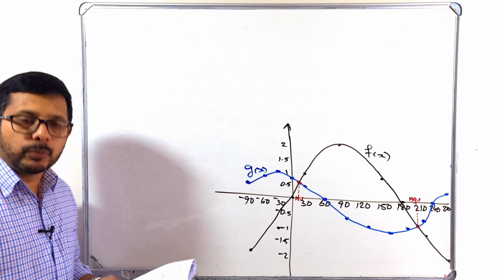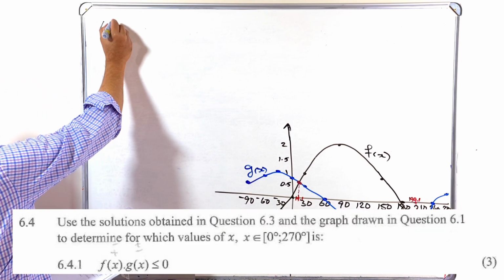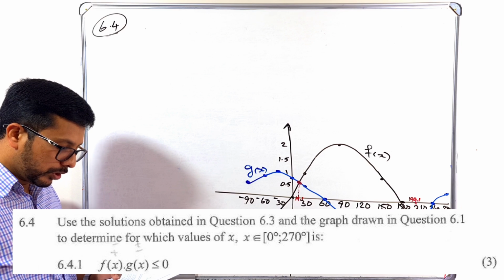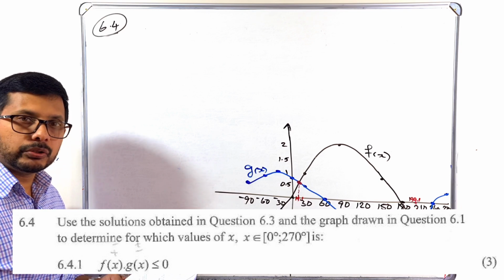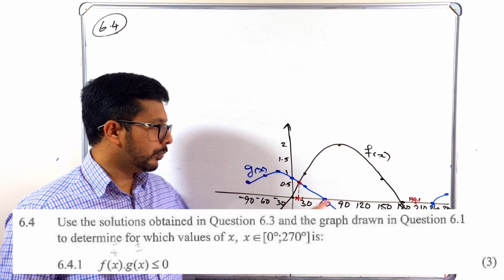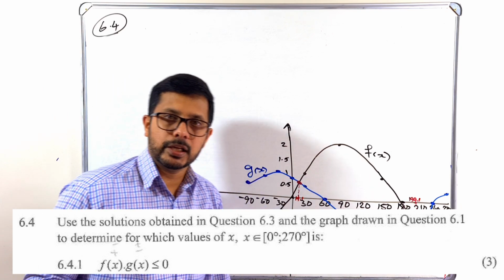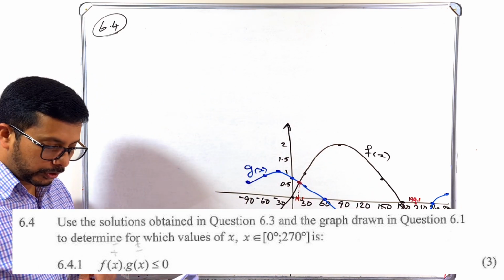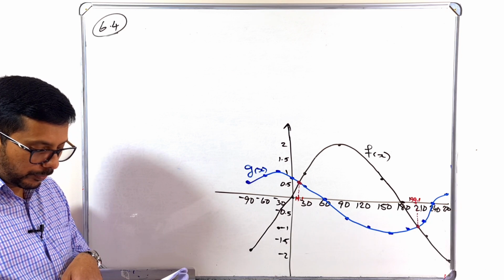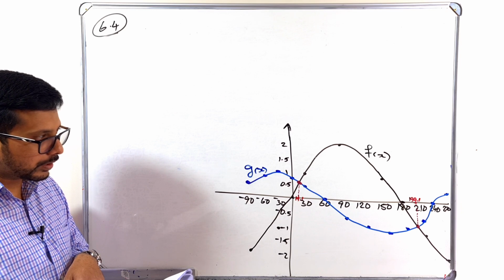Okay, question number 6.4. What is that question? Use the solution obtained in question number 6.3. You have to use the answers from question 6.3, that is 19.1 and 199.1, to answer the following questions. For which values of x, where x is an element of 0 to 270.